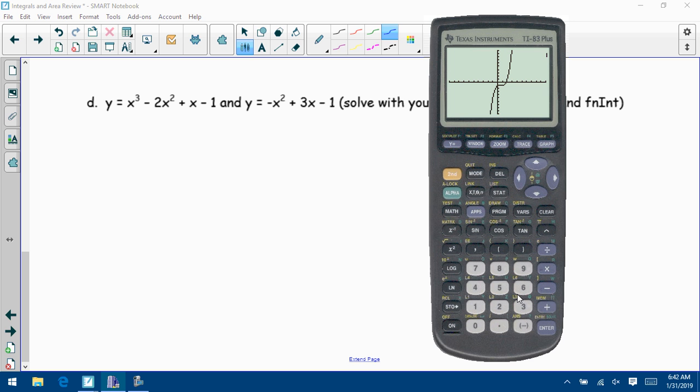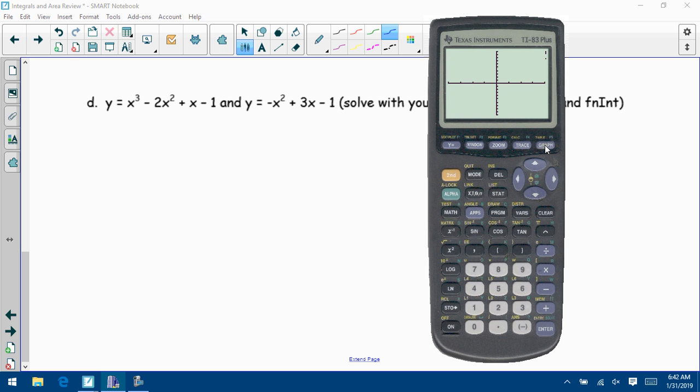We've got a cubic and we've got a parabola. Now it's hard to see what's happening here. Let's zoom in a little bit. Let's make our window from maybe -4 to 4. Is that enough? I didn't do 4. Hang on. -4 to 4. See if this looks any better. We've got that, and then we've got that. So there's two regions. There's this piece here and this piece here.